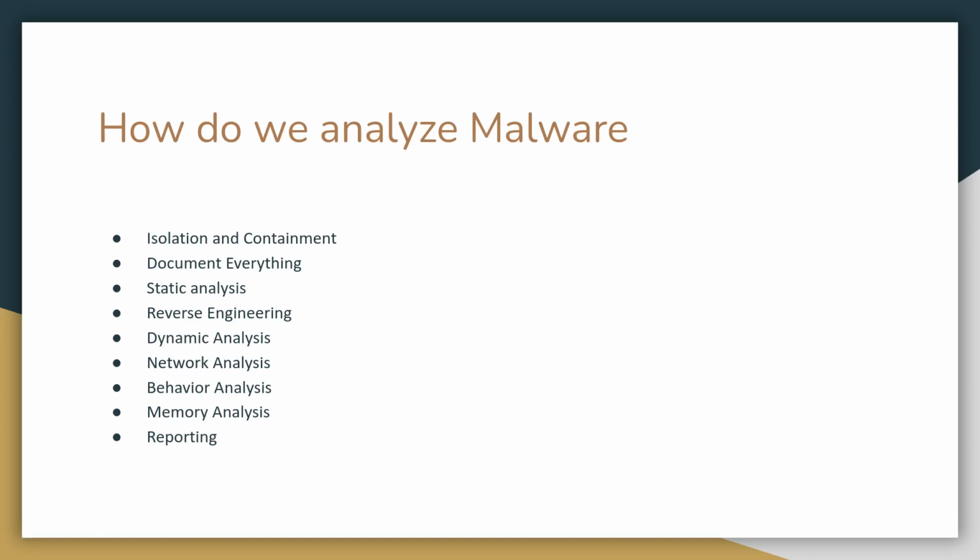Also, when you're doing static analysis, you want to take a look at the PE header, or portable executable header. What else do you want to look at? You want to look at the strings, to see if there is any code you can read, any IP addresses, any Windows API that you can recognize, right?